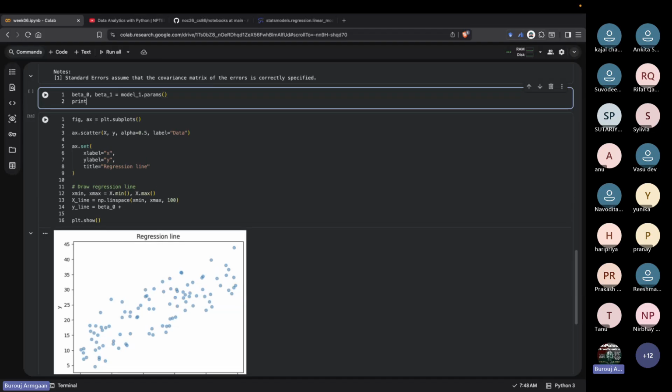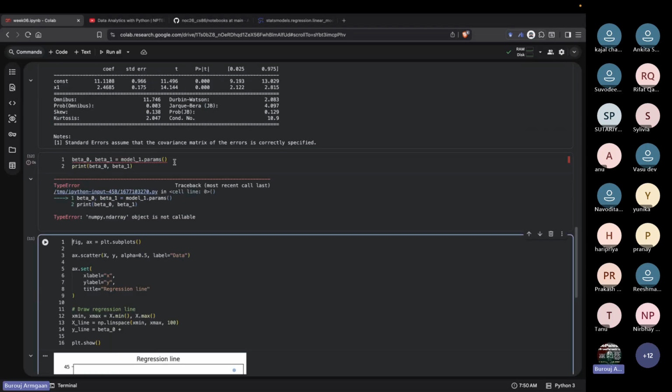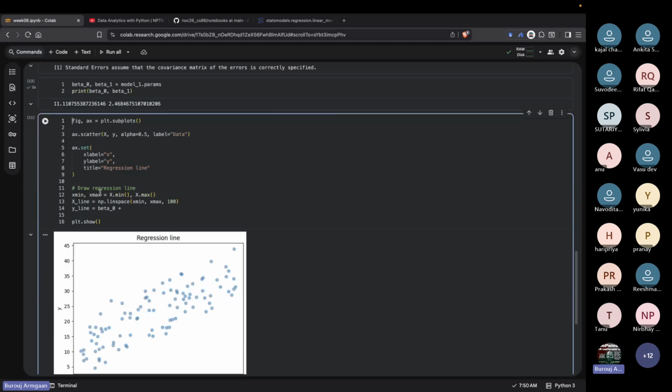We can print these. I think this is without braces. Yep. So we have beta 0 and beta 1. We can straight away say that it is just beta 0 plus beta 1 times x underscore line. This is my y output.